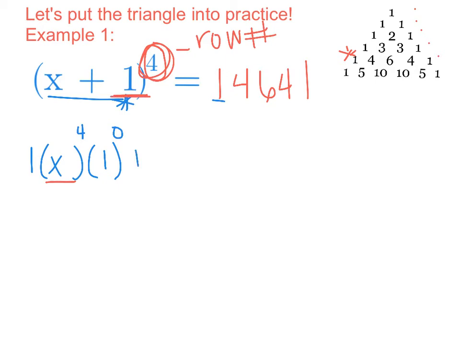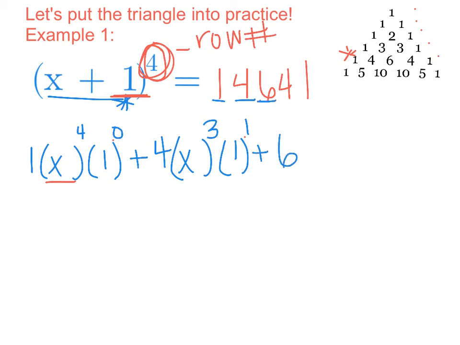So then from there, we're going to add it to our next one. So our next coefficient is 4. So 4 times x, now to the 3rd power, so we're decreasing, times 1 to the 1st power. So now we're increasing. Remember, from here, we're increasing. So we're going to add it to now 6.